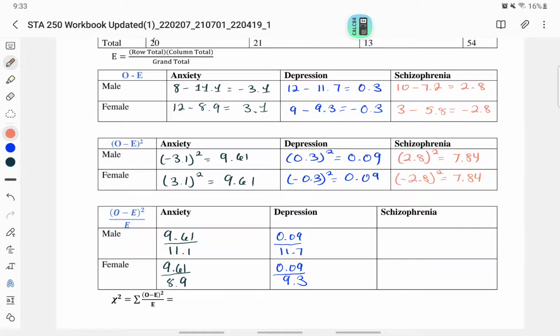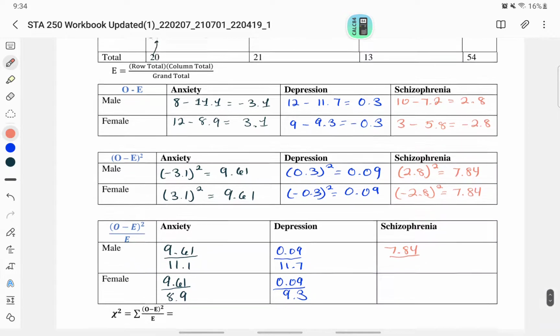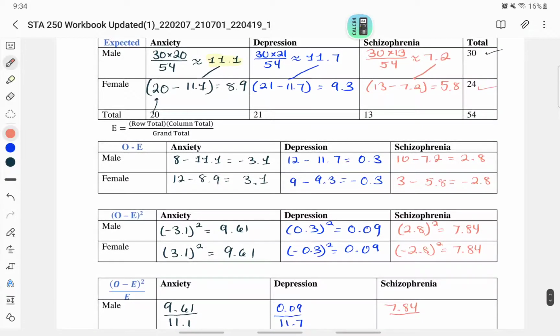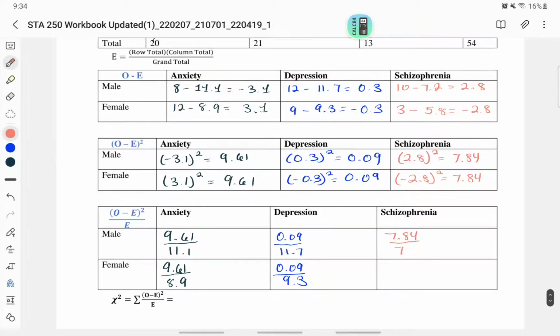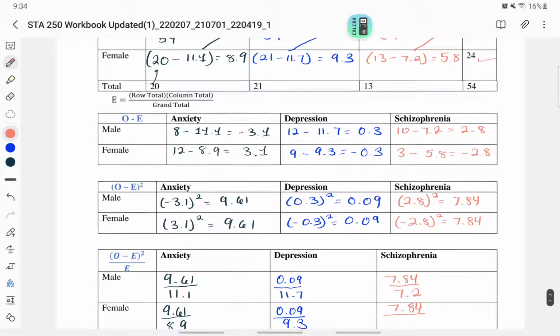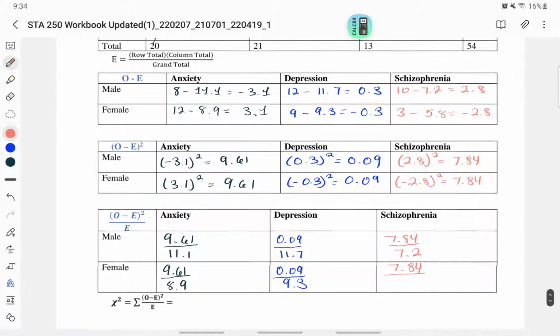For a male with schizophrenia, the square was 7.84 and the expected is 7.2. For a female with schizophrenia, the square was 7.84 and the expected count was 5.8.